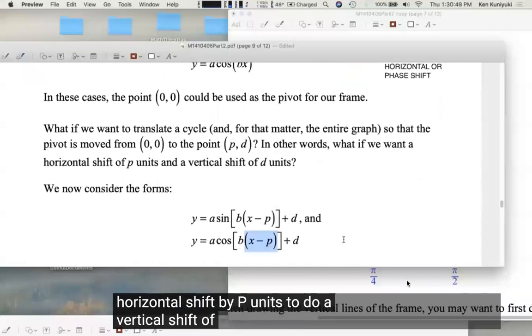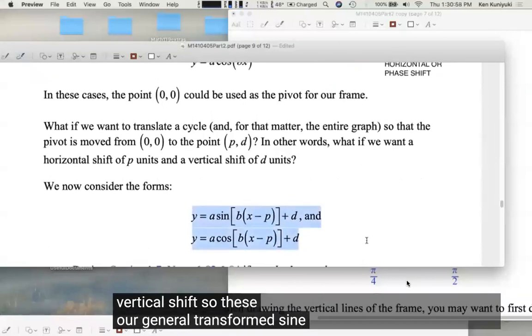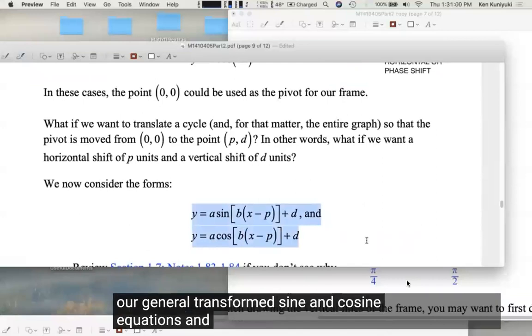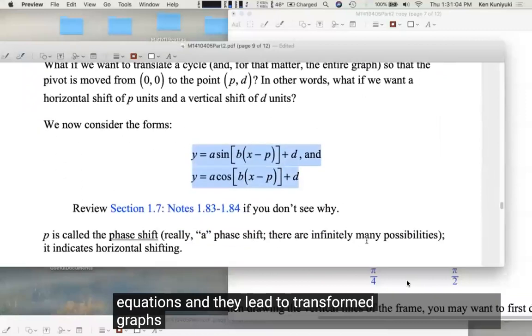To do a vertical shift of d units, just attach a plus d. So it's easy to read off a vertical shift. So these are our general transformed sine and cosine equations. And they lead to transformed graphs.